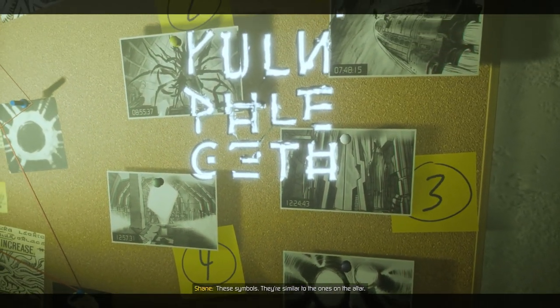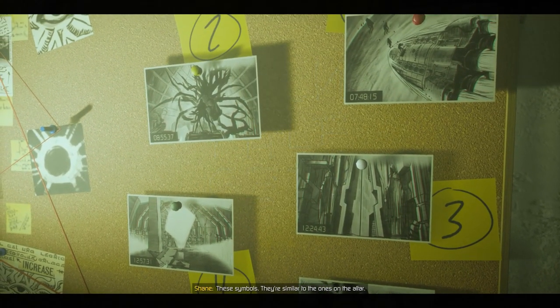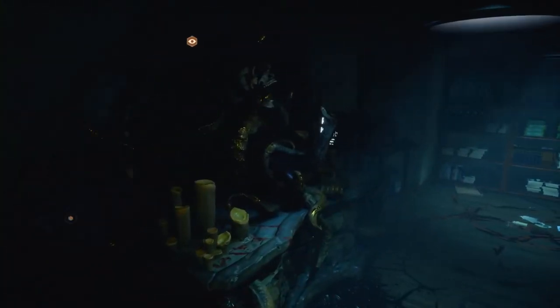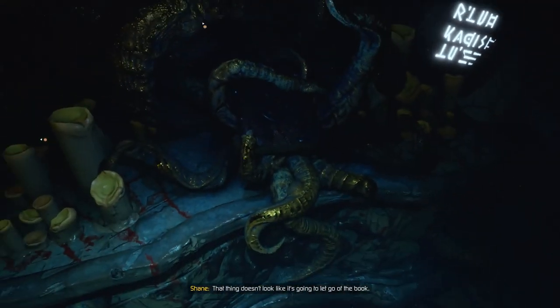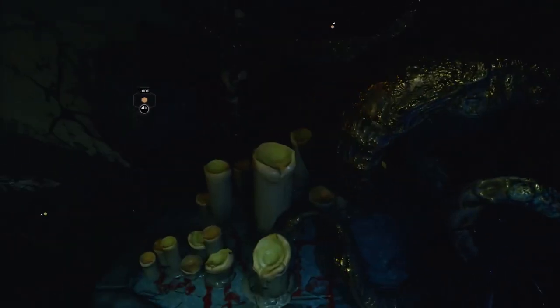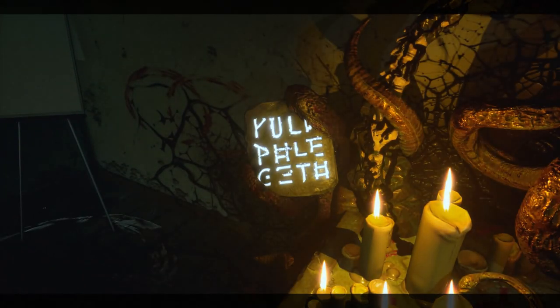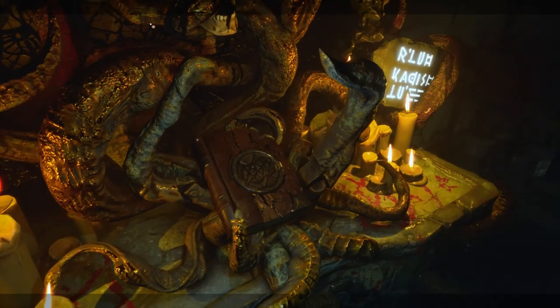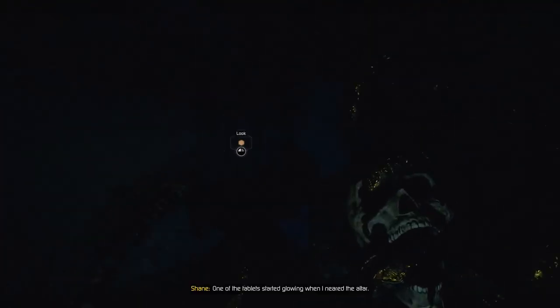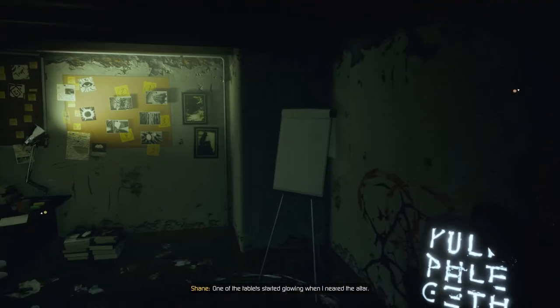These symbols, they're similar to the ones on the altar. Indeed. One of the tablets started glowing when I neared the altar.